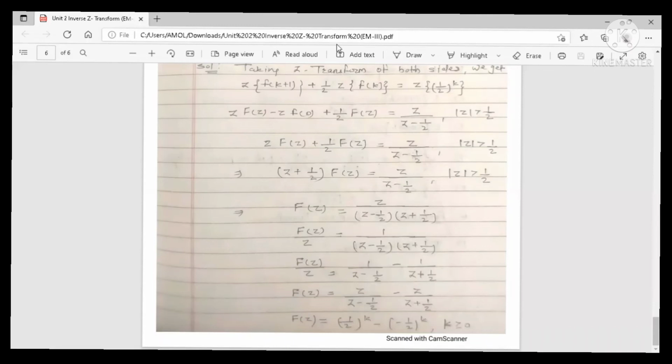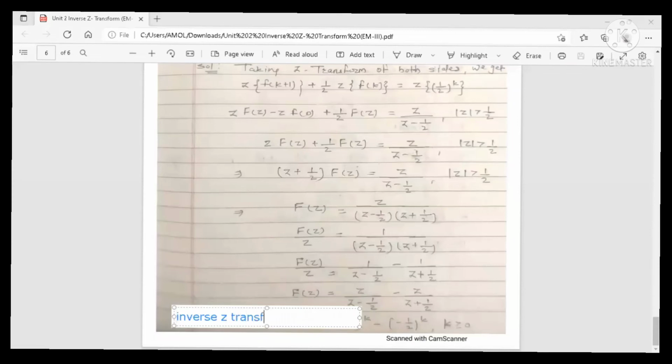Now the inverse Z transform for this sequence is here. One correction is there.